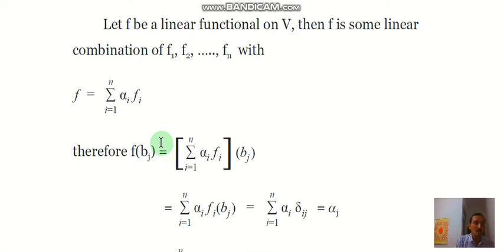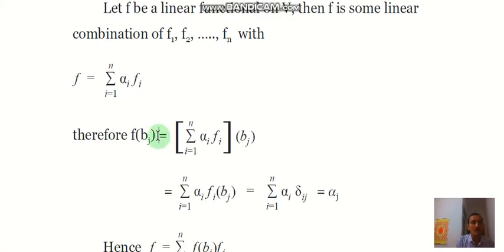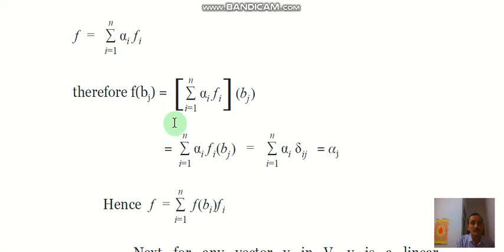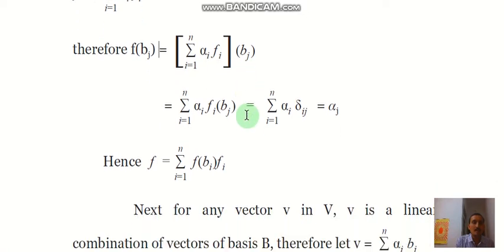So we apply this linear functional on bj, then we obtain f(bj) equal to the summation, i from 1 to n, of alpha i fi(bj), and after opening this bracket we obtain fi(bj), and applying the definition of fi, writing this as Kronecker delta ij, and putting the value of Kronecker delta ij, we obtain this as alpha j. Therefore we have obtained alpha j equal to f(bj), that is alpha i equal to f(bi).